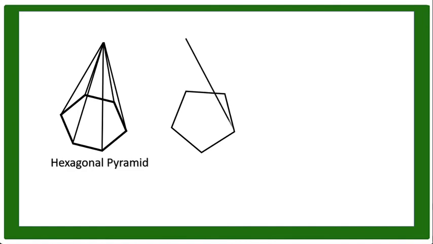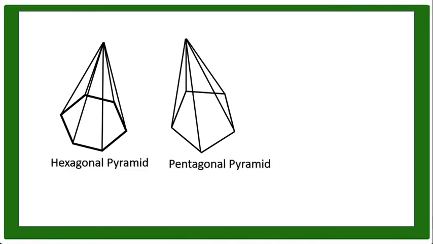So we can make this pyramid, and it is named according to the base, which is a pentagon. So it is named a pentagonal pyramid. It has 1 pentagon as its base, and since a pentagon has 5 sides, it has 5 triangular faces. So 5 plus 1, it has 6 faces.